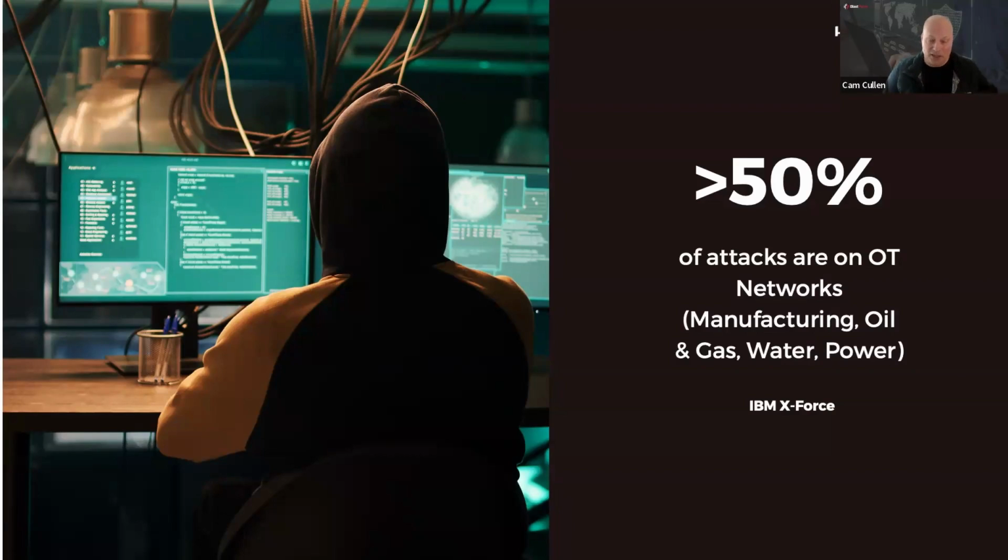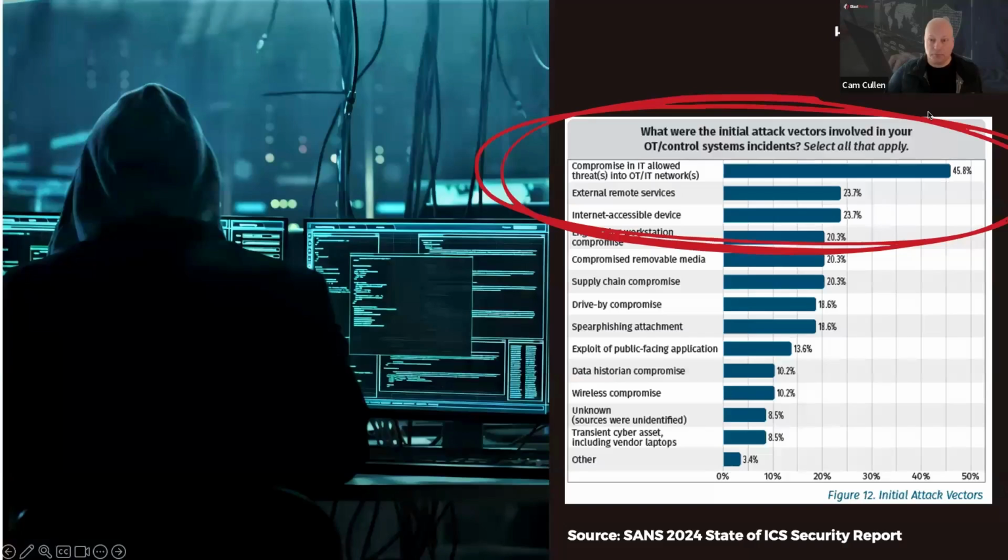We saw what happened in the Colonial Pipeline when the life cycle of oil and gas delivery was affected, the pain and agony that caused, and there's been a big spate of water attacks over the past year. So these networks are vulnerable and they need to be protected in ways more sophisticated than they have been in the past.